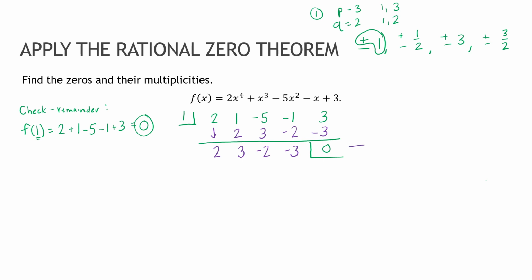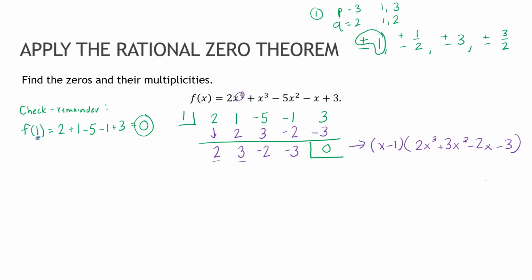What this means is I am now left with a factor of x minus 1, because remember we tried positive 1, so it's x minus that, and 2x cubed plus 3x squared minus 2x minus 3, which is one degree less than the original.